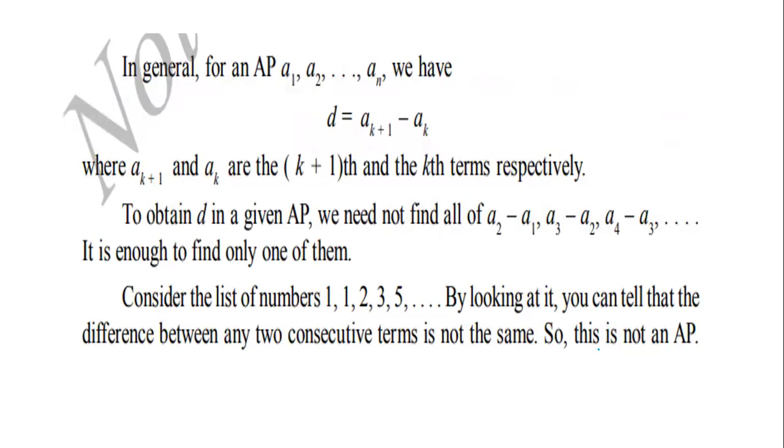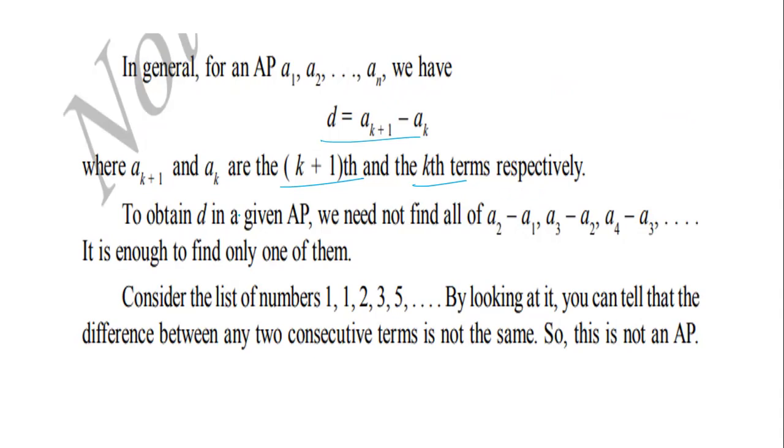See, the general form of an AP is A1, A2, A3, and so on up to AN. We have D equal to A(K+1) minus AK, where A(K+1) and AK are the (K+1)th and kth terms respectively.